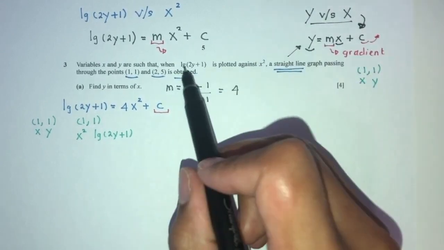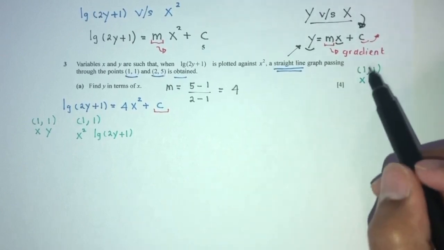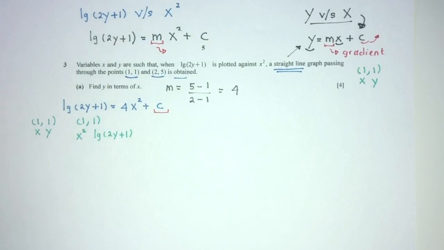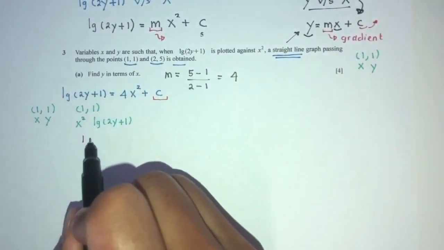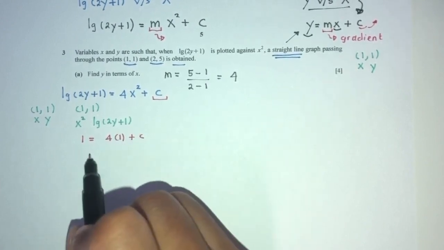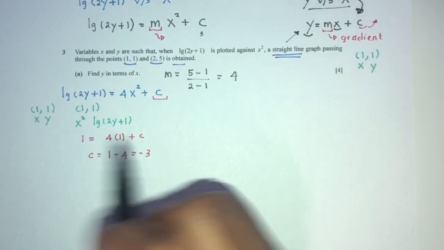Now when you plot this against this, similarly, we'll call the first value x squared, and the second value this one. Replace back in your equation, let's see what happens. This whole thing here is 1, is 4 times x squared, which is 1, plus c. So c will have to be 1 minus 4, which is minus 3.